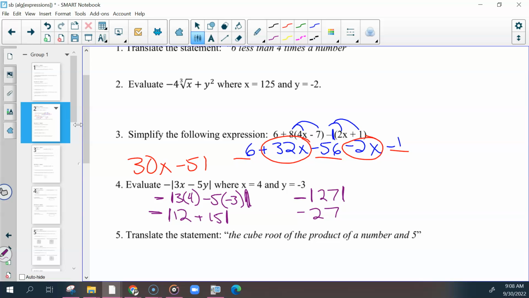Negative 16. Alright. So make sure you have at least those answers.